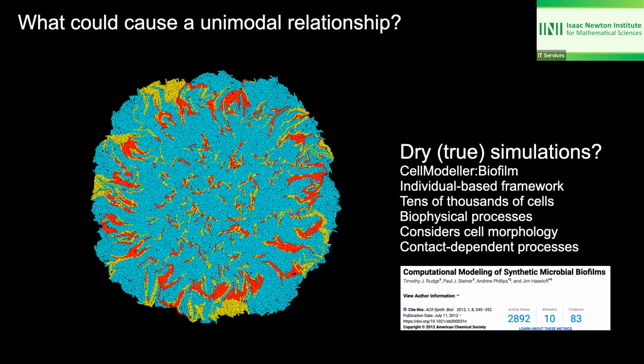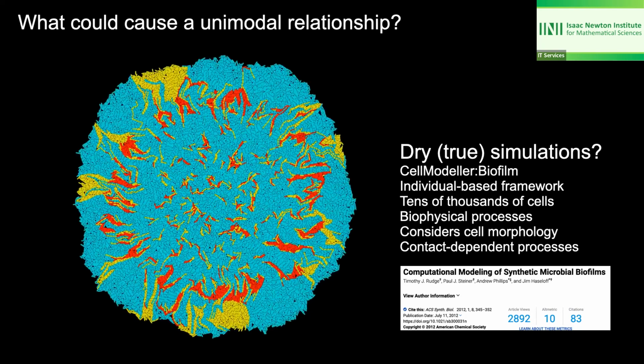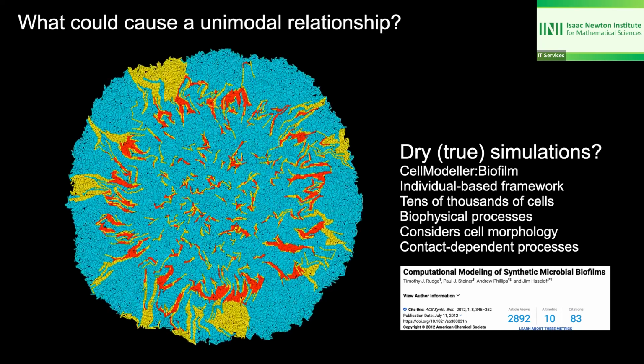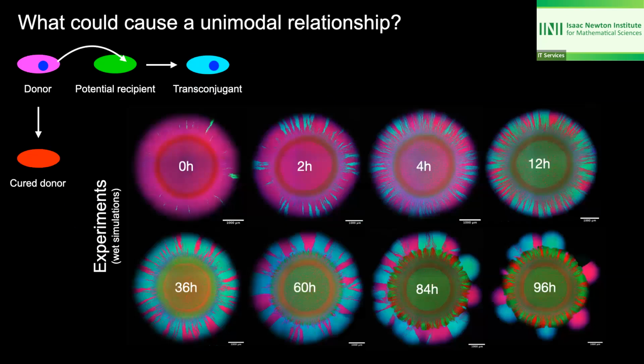For example, it considers cell morphology, so it takes into account the rod-shaped nature of some cells, and really nicely, it can account for contact-dependent processes, so processes that occur when two cells come into physical contact with each other. This came out of Jim Haseloff's lab here at Cambridge, and it's been very effective for us.